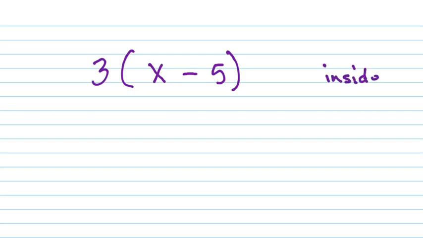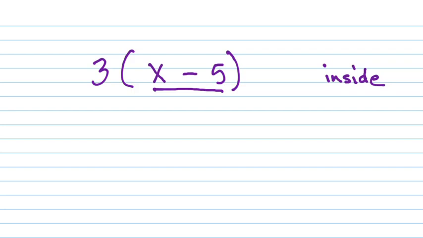Now, okay. All right. So say we have, for example, and we're just going to do an easy one first, 3 times (x minus 5). Okay? So I have a bracket. Where do I look first for any bracket? Just go ahead and sing out. Inside the bracket. But inside the bracket, I have an x minus 5.